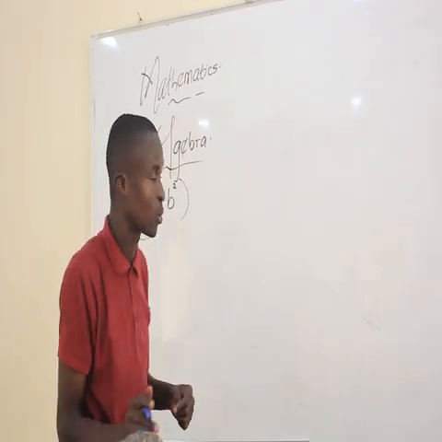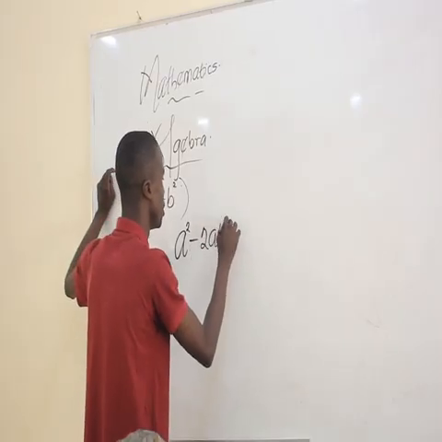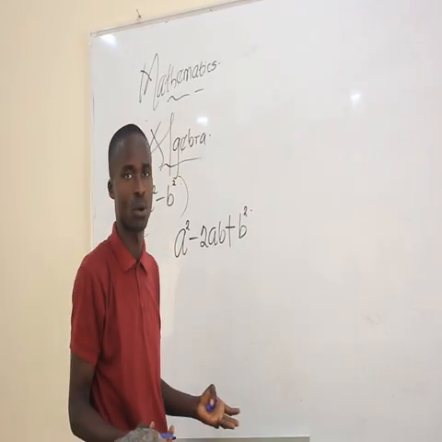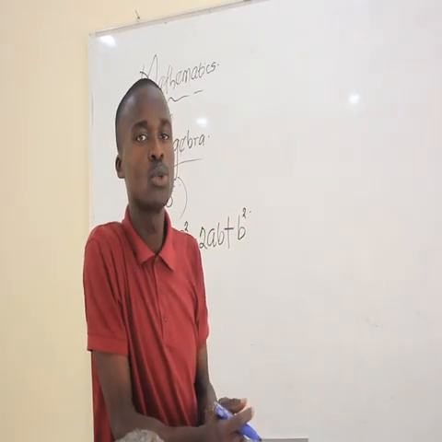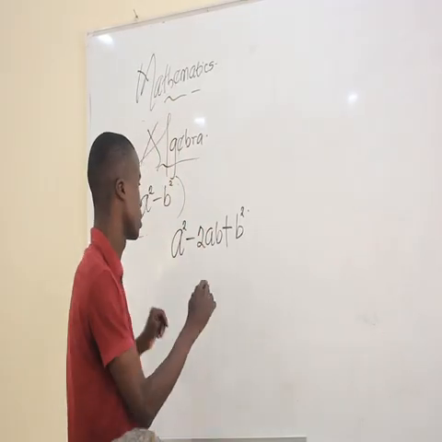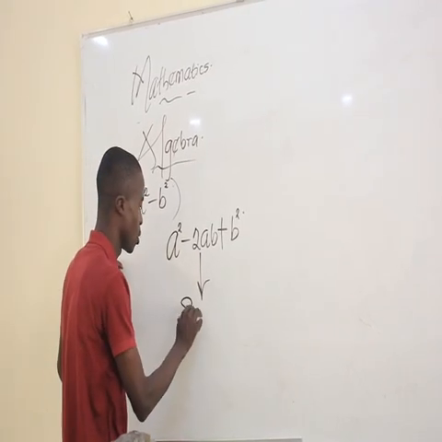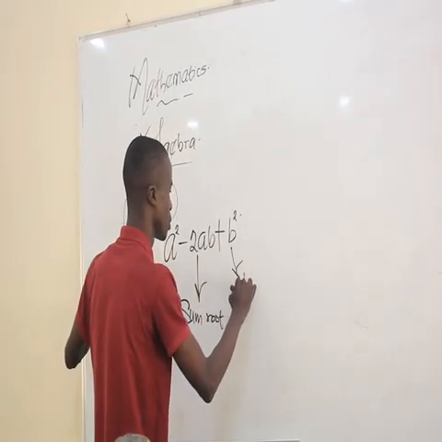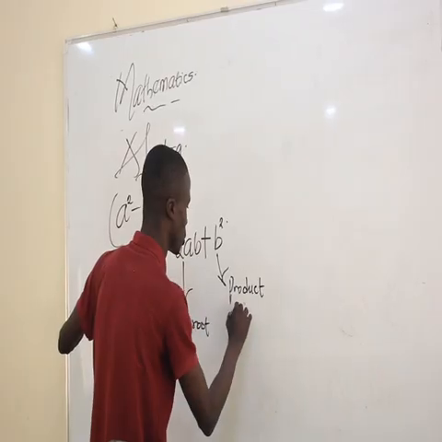You also have examples like this: a squared minus 2ab plus b squared. You have expressions like this also. But whatsoever form the expression is given to you, you should just know that you have a method to go about it. Now, this is the sum of roots. And this is the product of roots.